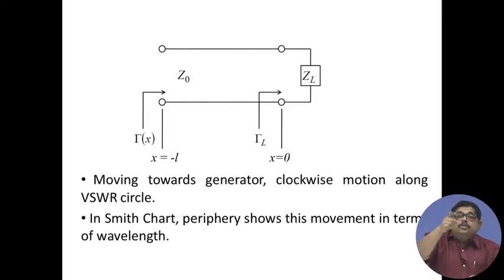So, like that, in the Smith chart periphery you can find out what is 1.5 lambda. Actually, in the Smith chart they do not give more than 0.5, because we have seen that after every 0.5 lambda g the whole thing repeats. So, that is why the Smith chart will give you up to 0.5. So, if you have 1.5, you make 3 rotations.